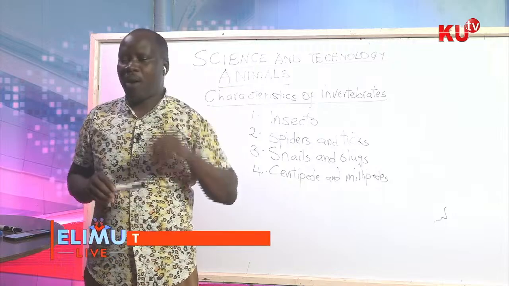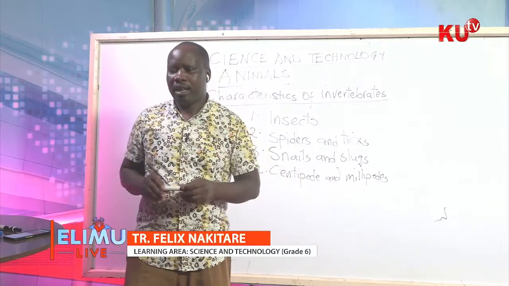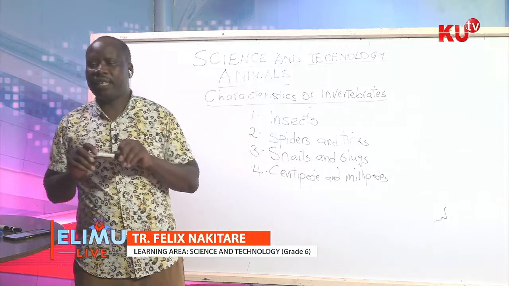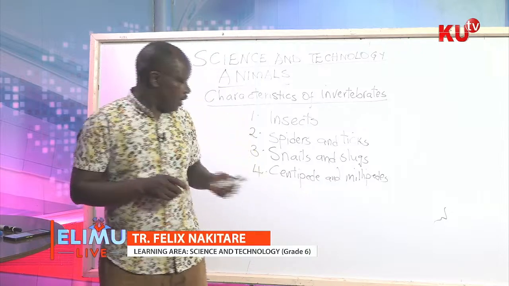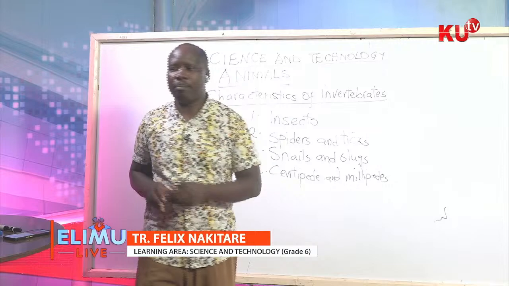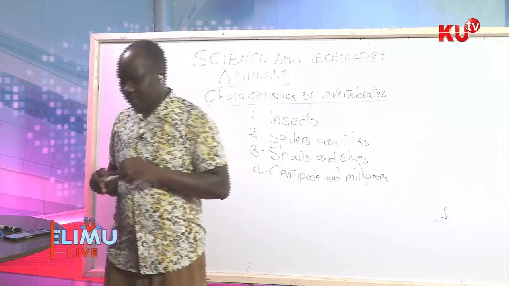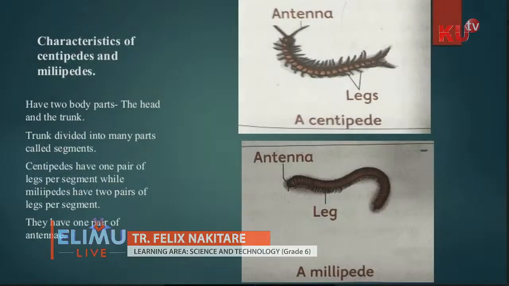Category number one. Centipedes and millipedes have their bodies divided into two main parts. And which are these two main parts?